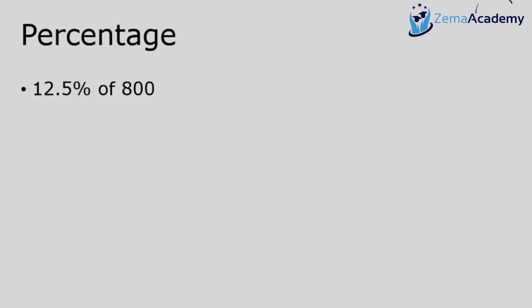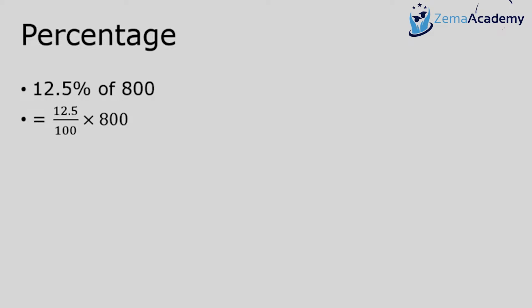So here's another example. If I want to calculate 12.5% of 800, there's actually a few different routes that I can use to work it out. First, I know that 12.5% is the same as 12.5 over 100, all multiplied by that 800 again.